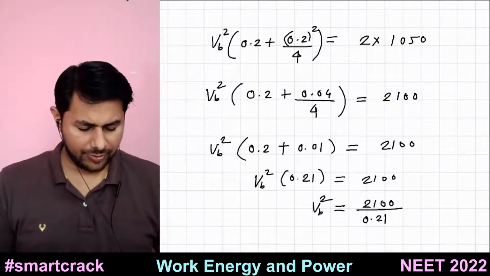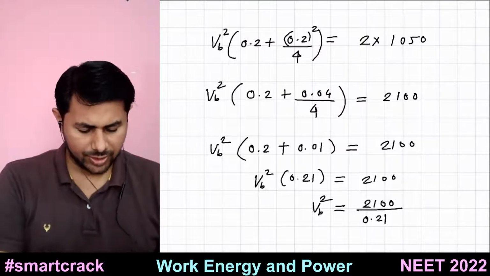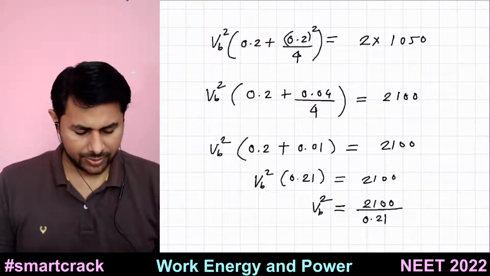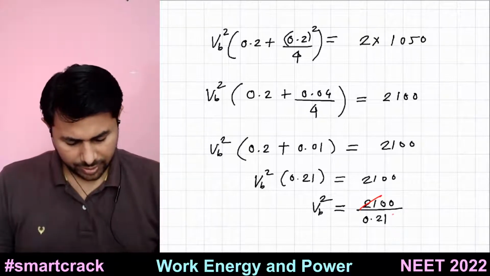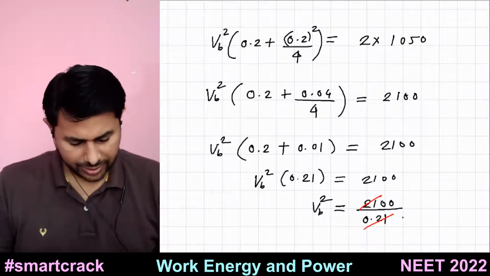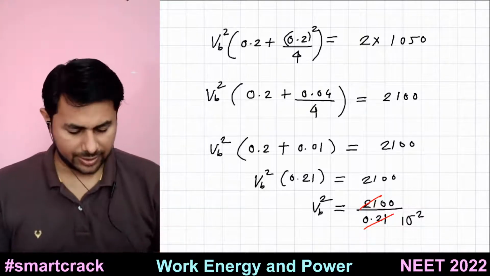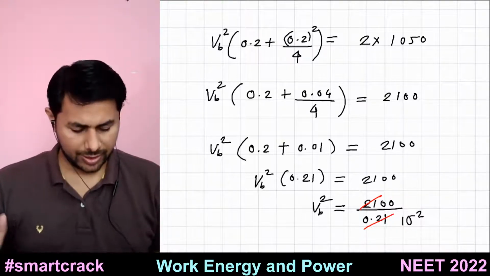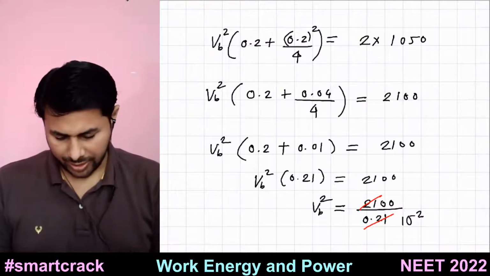It is 21 into 10 raised to minus 2 in the denominator; we take that into the numerator, so it will be 10 raised to plus 2. The 21 will get cancelled out, and we are left with 100 into 100 in the numerator.